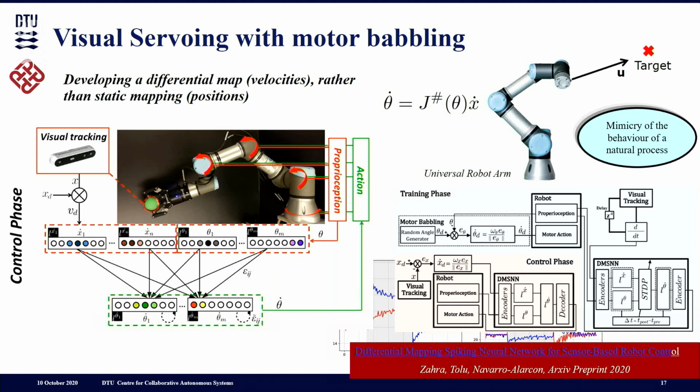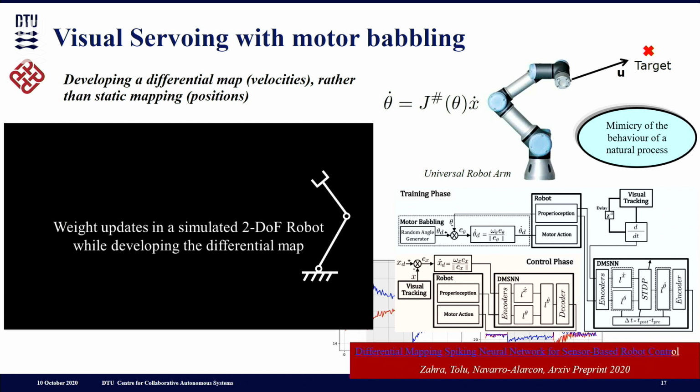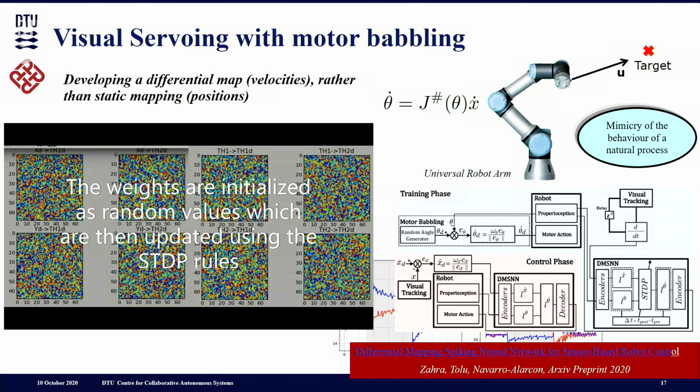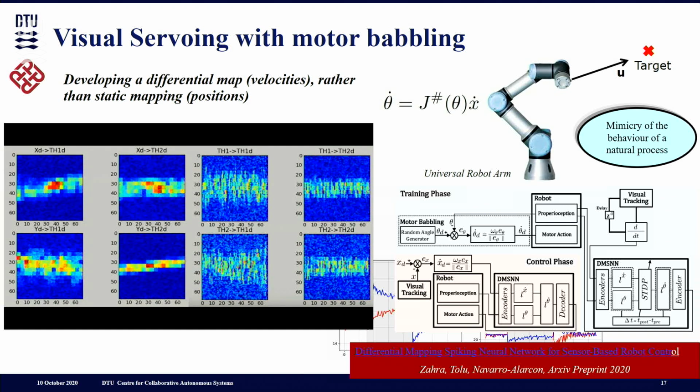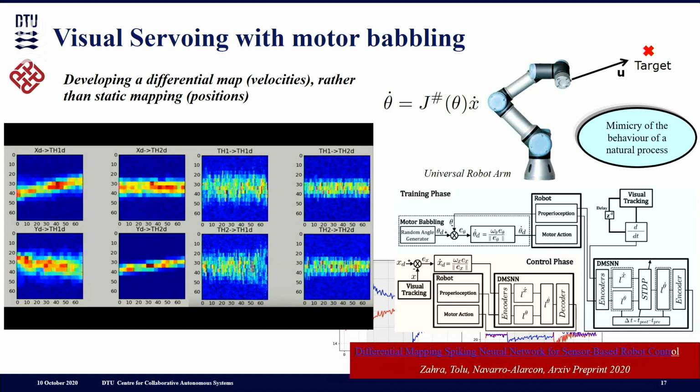So, in this work, what we did was to take advantage of this behavior of motor bubbling, and we developed a spiking neural network for unsupervised learning that gathered the data from the sensors, both proprioceptive sensors and exteroceptive sensors, to perform this motor bubbling.